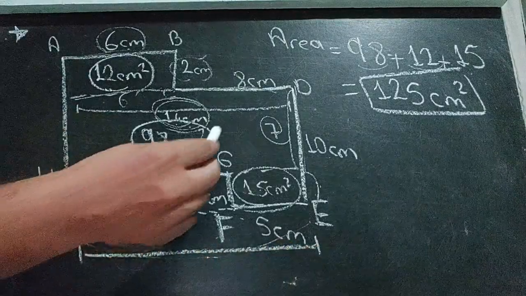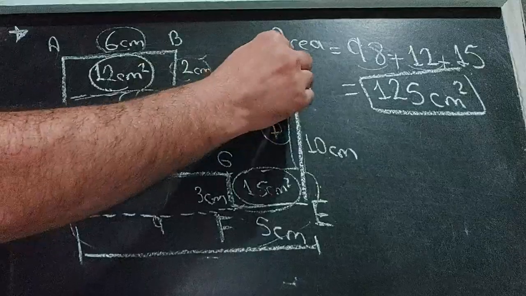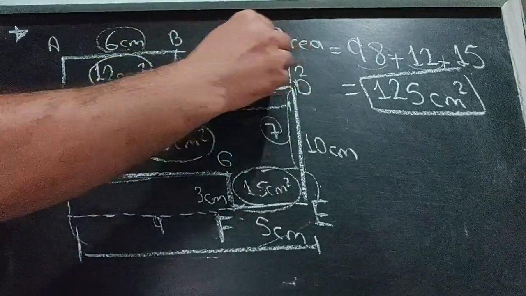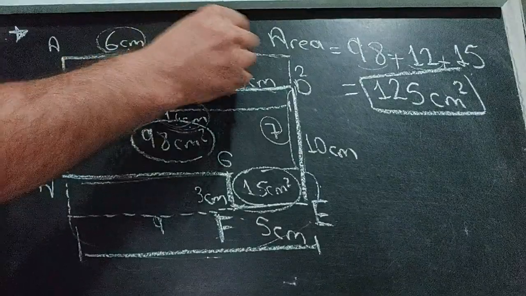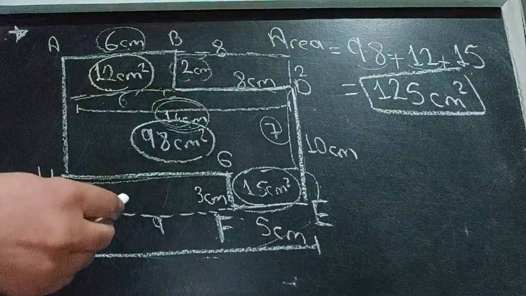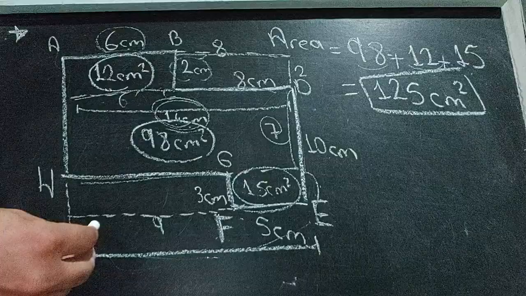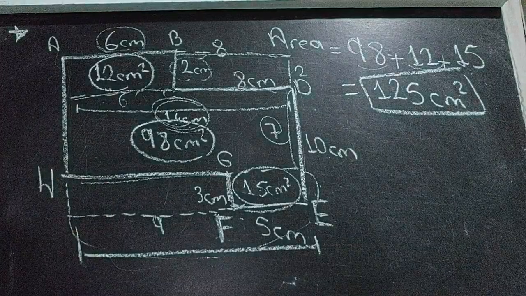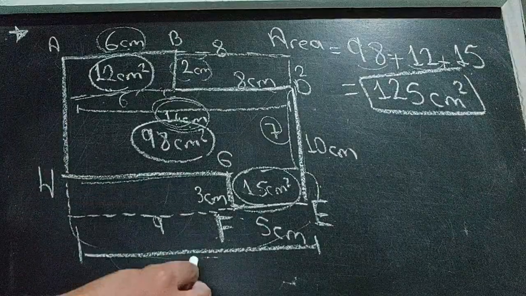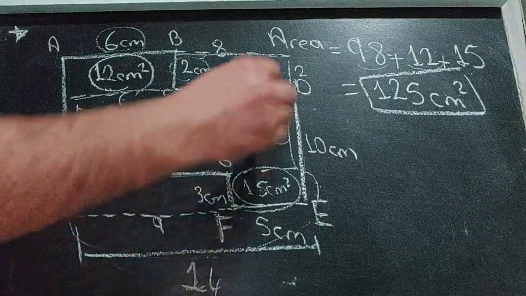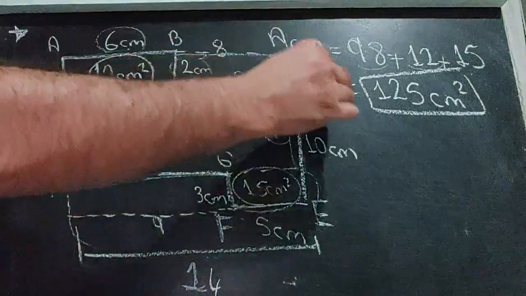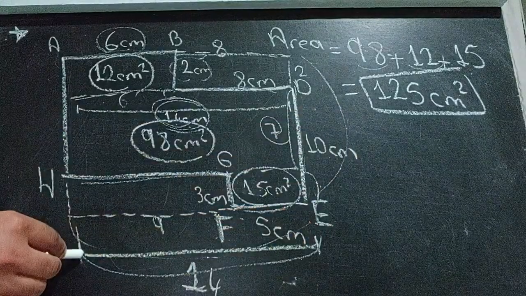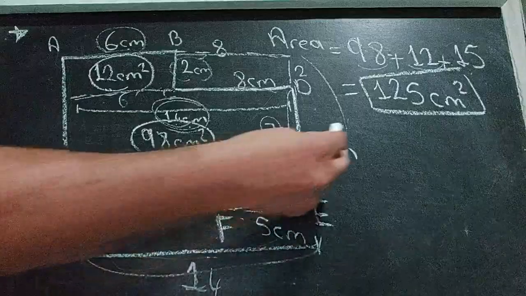Alright, now this will be 2, and this will be 8, which is 14 already. So now when I look at my shape, this was 14, I will calculate the area of the big one. See there, 12 times 14, that will give me 168.